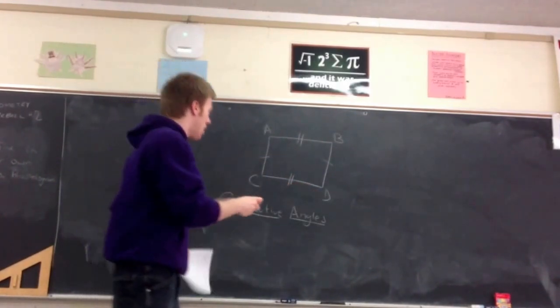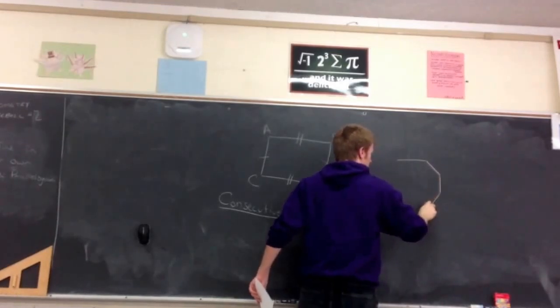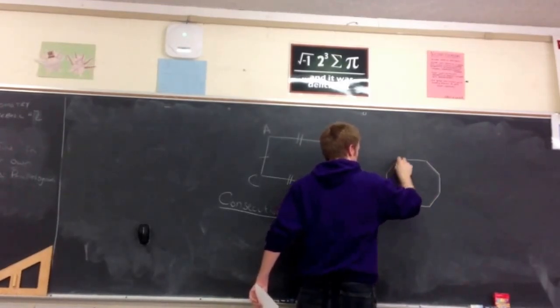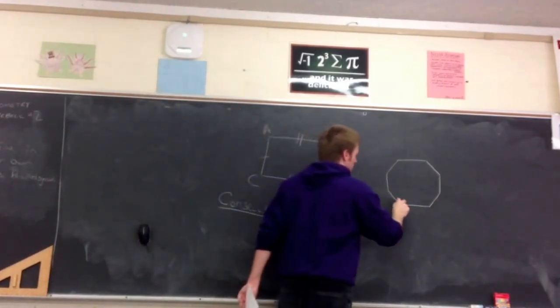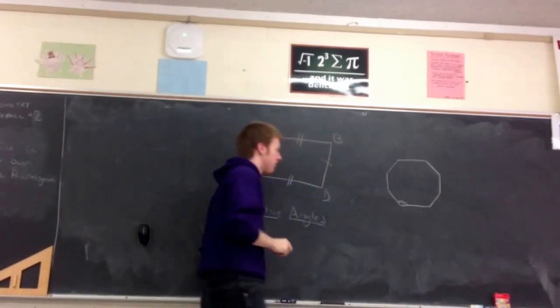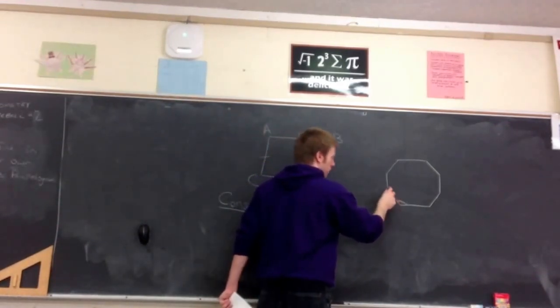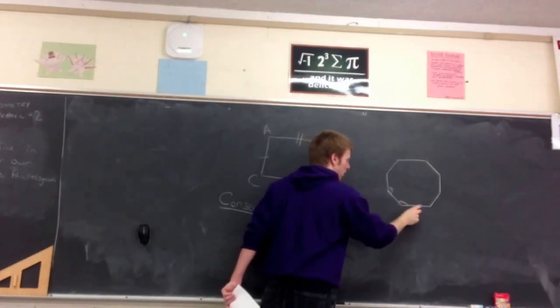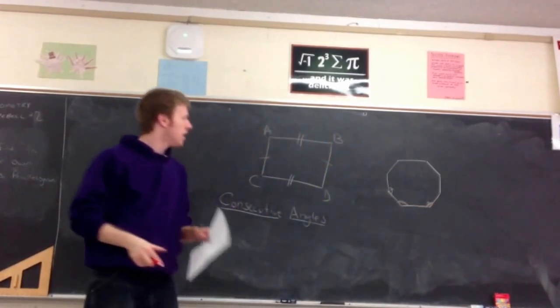Even if we're drawing our octagon, not necessarily regular, and we're looking at this angle right here, then the consecutive angles for this one would be here, because it shares this side, but also here, because it shares that side.